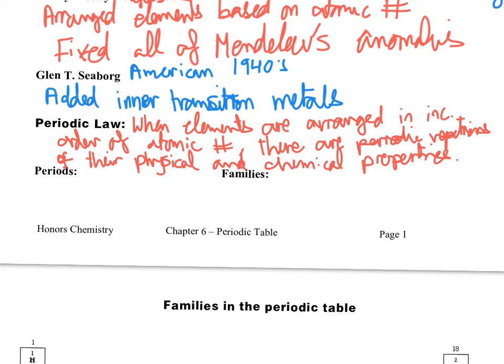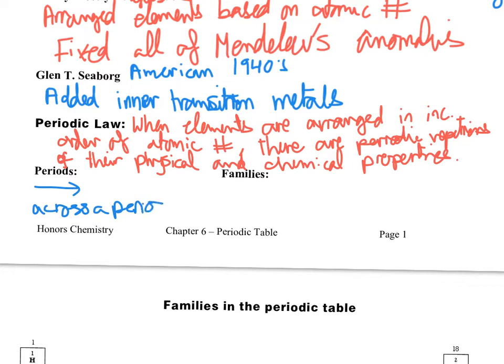Just to review on the periodic table, there are periods or groups, periods which are horizontal. Since they're horizontal, they go across, so we say across a period.